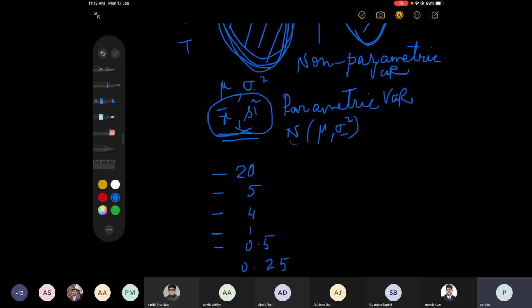Anish had a very good point. If I have, say, minus 20 crores of loss in one year, and then minus 5, minus 4, minus 1, minus 0.5 and all that, he kind of said that my VAR will be able to take into account this outlier.